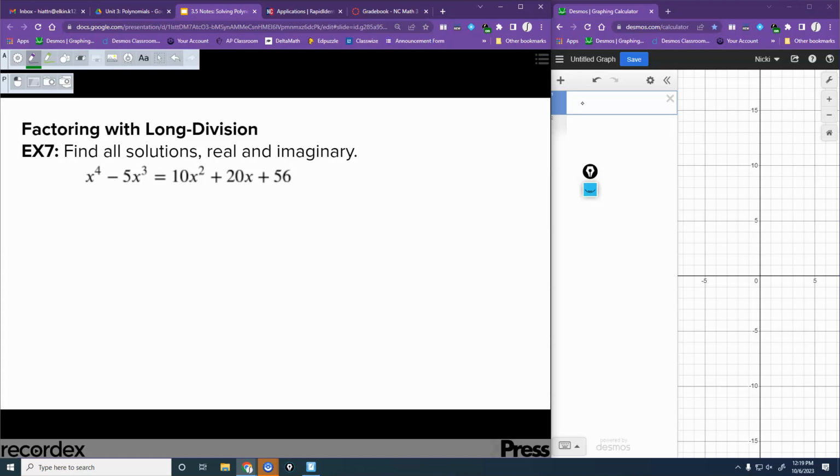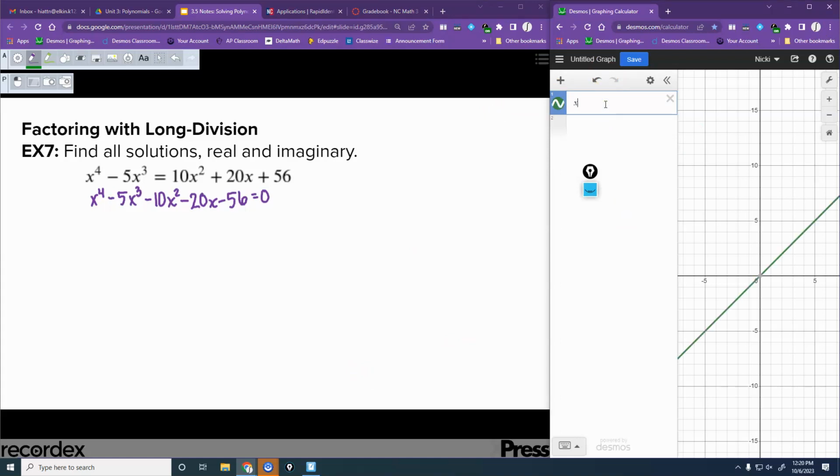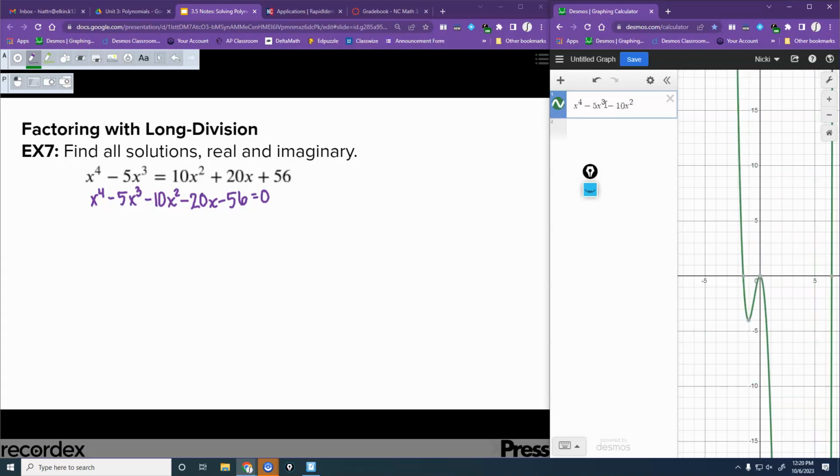So even though I got to move more stuff, I'm going to make this x to the fourth minus 5x cubed minus 10x squared minus 20x minus 56. So if I type that in over here on Desmos, I got x to the fourth minus 5x to the third minus 10x to the second minus 20x minus 56.